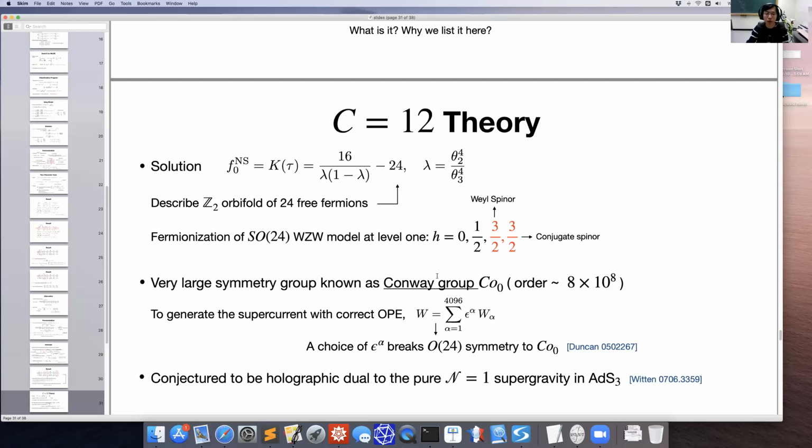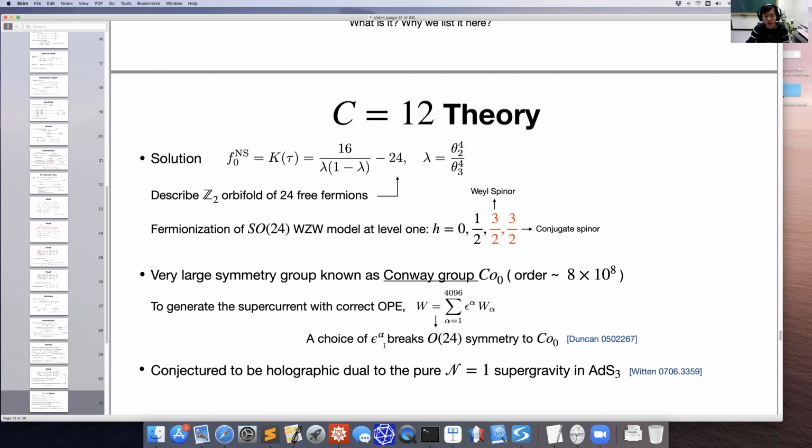This model has N=1 supersymmetry, and to generate a supercurrent with the correct OPE, we take all possible combinations of those three-halves primaries, and look at the possible combinations of coefficients alpha such that the N=1 superconformal algebra is satisfied. And this possible choice breaks the continuous symmetry to this large but finite group, Co0.